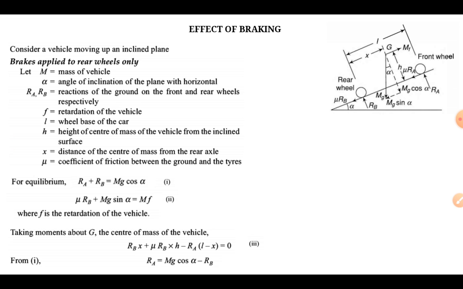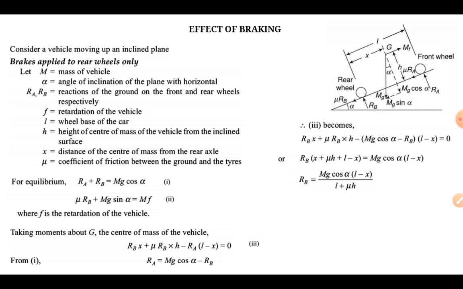So let's see how we are doing it. From equation 1 I can write Ra is equal to mg cos alpha minus Rb, right? Let's put this value in equation number 3. We will get Rb times x minus mu Rb into h minus Ra times L minus x, right? From this equation you will get the value of Rb.